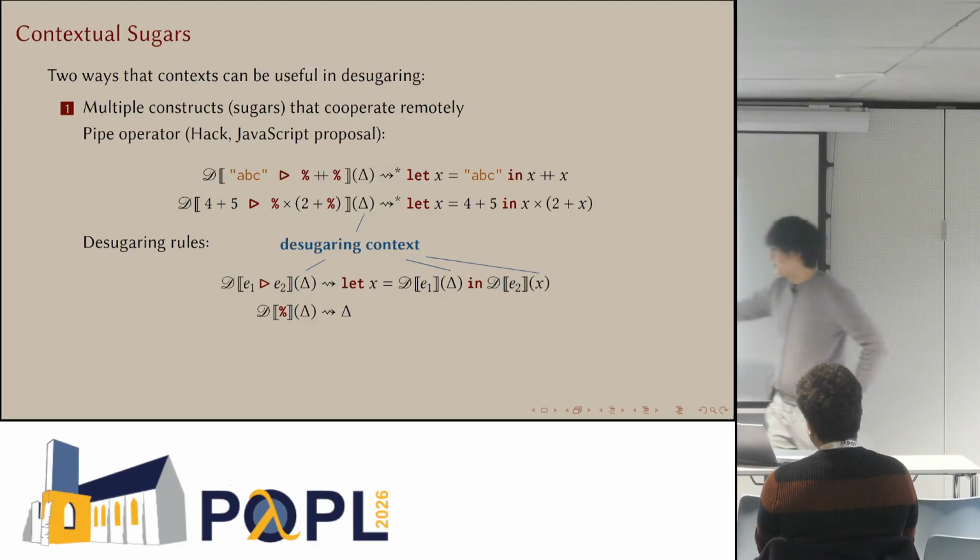And so when we desugar a hole, we just take the delta out. When we desugar a pipe, the left-hand side is still desugared with regard to the outside delta, but we pass the x reference down so that the inner holes can read it.